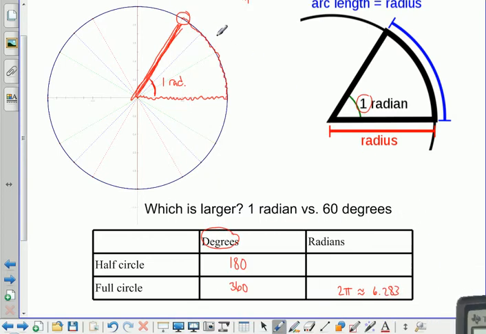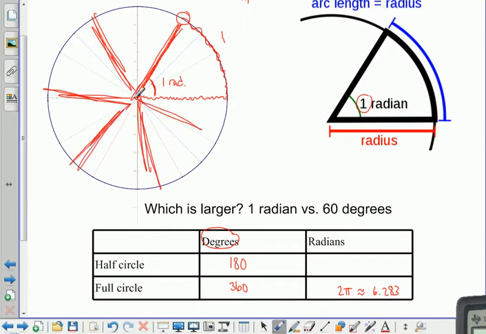So that means if this were 1 radian, from here to here, then you would do this about 6 times. 1, 2, 3, 4, 5, 6, and then you would have a little bit left over. So this is the leftover.